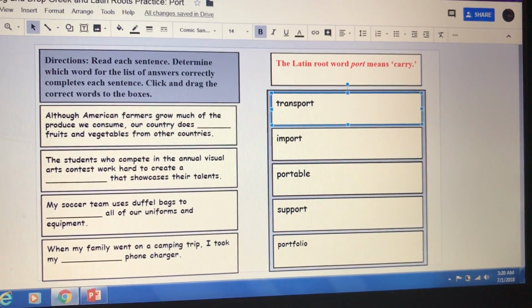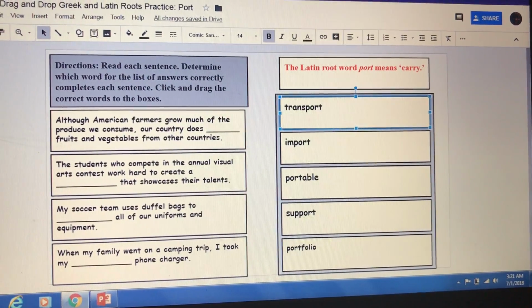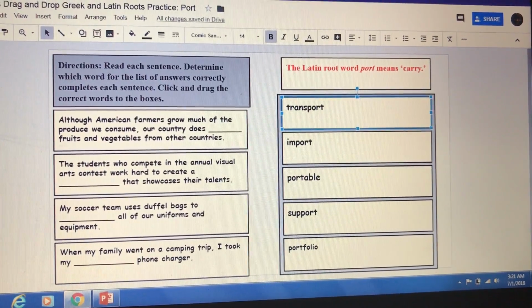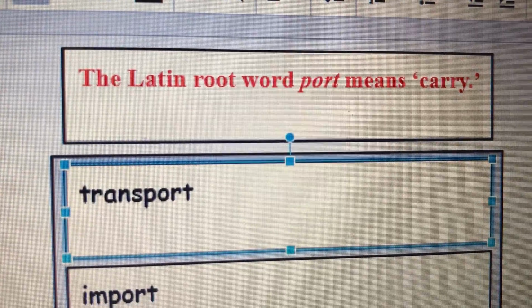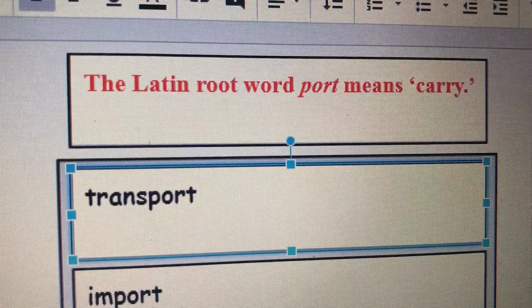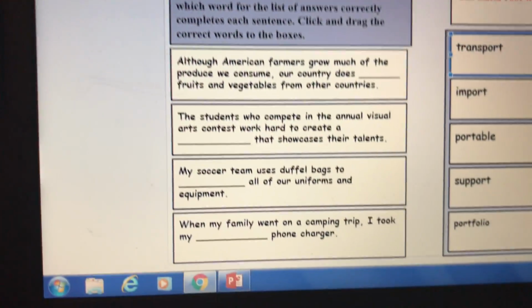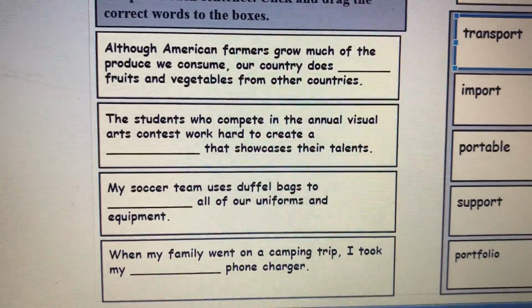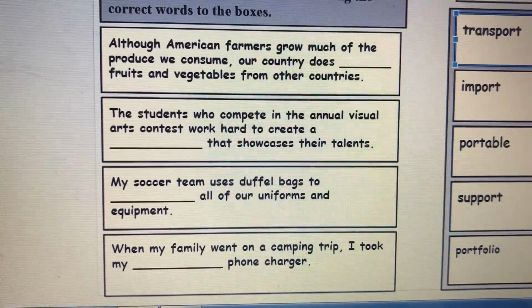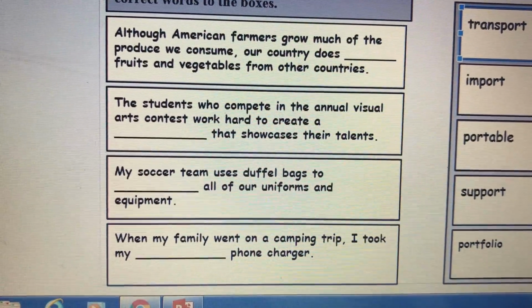This next activity was designed for specific vocabulary instruction. It is centered around the root port. On the left-hand side of the screen, students will read 4 sentences.